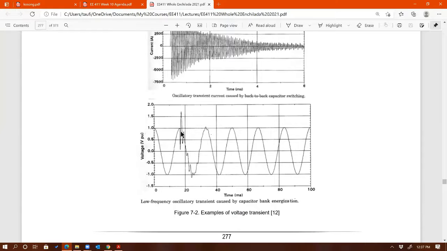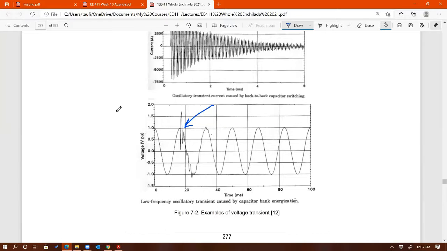And this is another example of oscillation right there, right? You can see here's the 60 hertz sine wave, but when you see spikes right there, that's when we connect power factor correction capacitor.